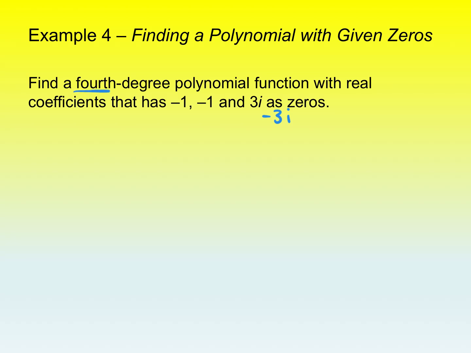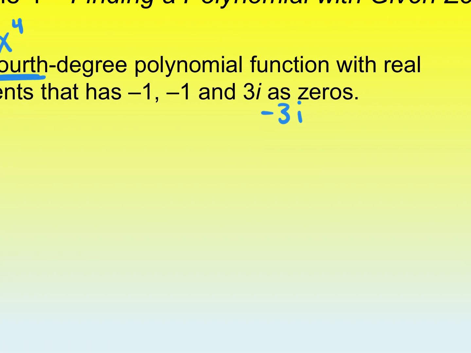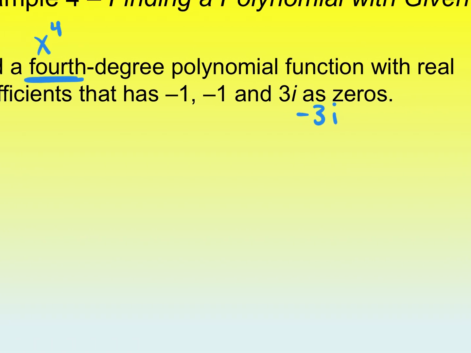If we have a 4th degree polynomial, it's going to end up being x to the 4th power. We need 4 zeros to multiply it all out. So I'm going to start by putting it in factored form. It's always x minus the number. So x minus -1 would be x plus 1, x plus 1, x minus 3i, and x plus 3i.